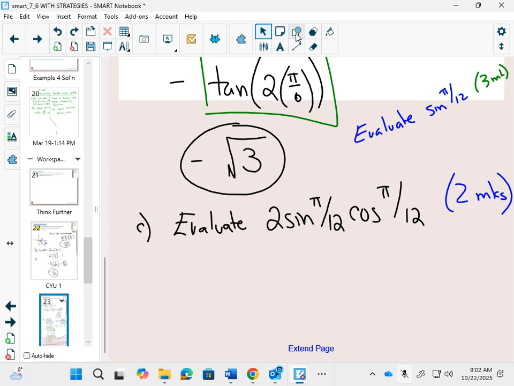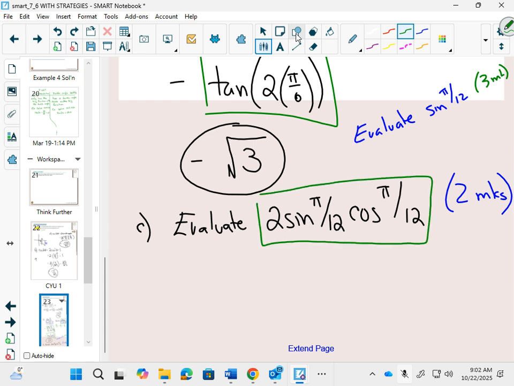Because when you see the pi over 12, your brain probably would first go to pi over 12 questions. Does that seem like a natural thing your brain would think? That you've learned a whole bunch of questions that are pi over 12 questions, you see a pi over 12 and would think, I should do a pi over 12 question. But this whole thing is a formula on the right-hand side of your double angle identities. 2 sine alpha cos alpha is your sine 2 alpha formula.